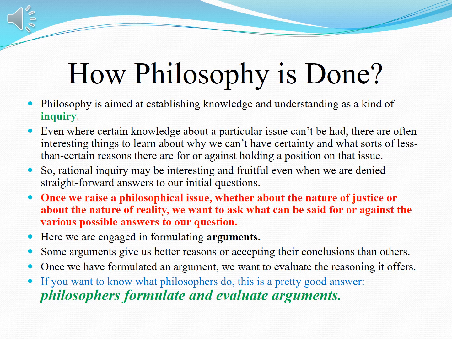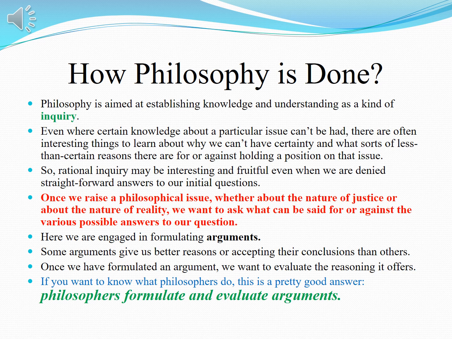Some arguments give us better reason for accepting their conclusion than others. Some arguments we accept and some we don't, and some arguments take us to a result and some don't. So once we have formulated an argument, we want to evaluate the reasoning it offers. After formulating the arguments, we evaluate each argument and see what it tells.